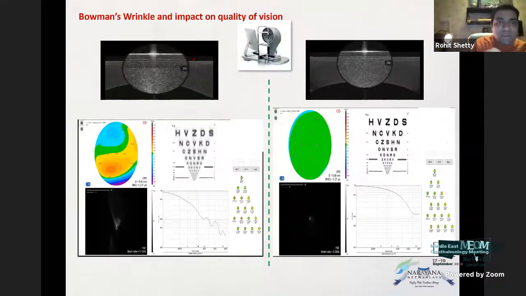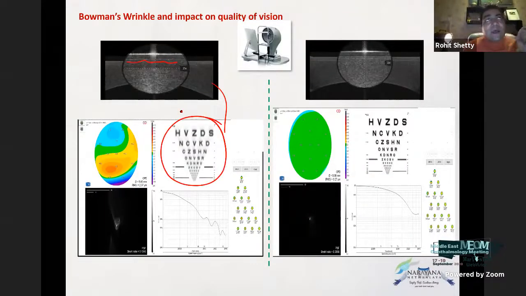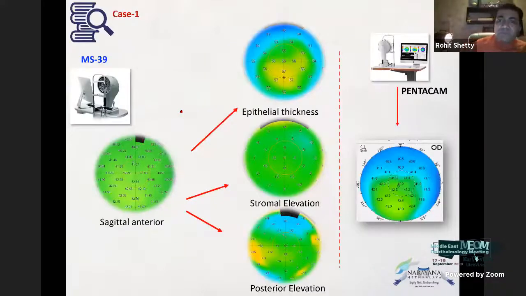So understanding the Bowman's layer both pre and post refractive surgery is very important, because this is one of those layers which I call the phantom of your vision, because you can hardly see it, so you completely miss it. And with new technologies like the MS39, it now brings you the concept of epithelial thickness.